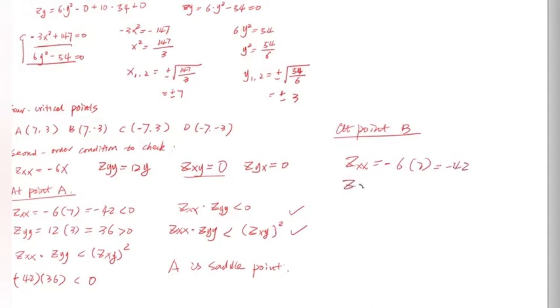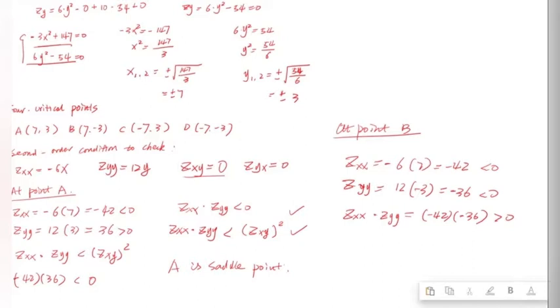Zyy is 12 times negative 3, which is equal to negative 36. So they are both smaller than 0. So zxx times zyy equal to negative 42 times negative 36 is greater than 0.